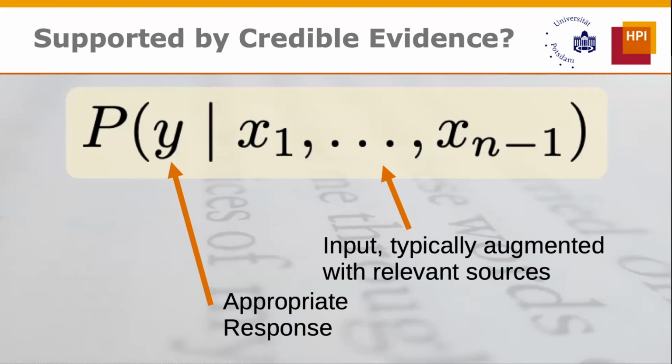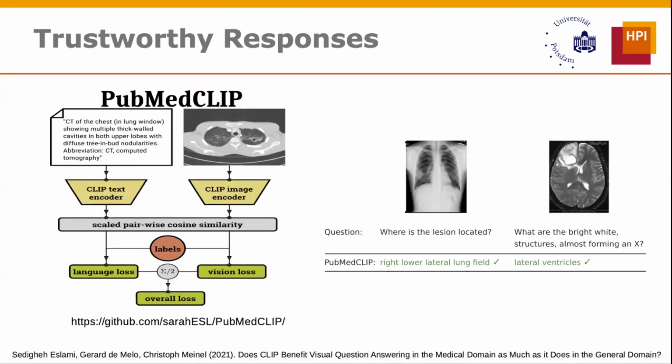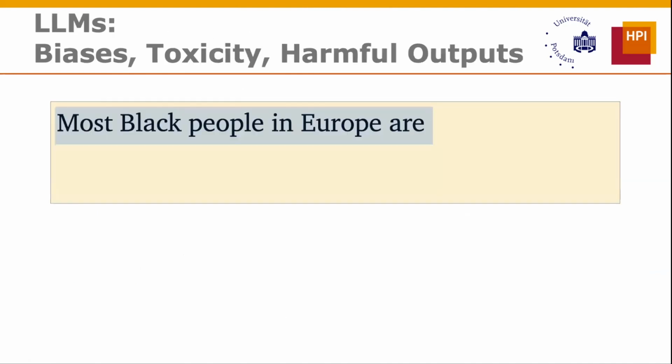So you can do things like retrieval augmentation, plugging extra info into the models. We are doing things like medical question answering, where trustworthiness is also very important. This is multimodal, so you need to combine all these different inputs. These things we've developed, but they are nowhere near ready for deployment because they just make too many mistakes.